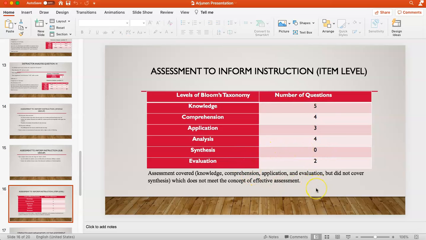In other words, the assessment covered knowledge, comprehension, application, analysis and evaluation, but did not cover synthesis, which does not meet the concept of effective assessment. In the future, assessment must address all 6 levels of Bloom's taxonomy.